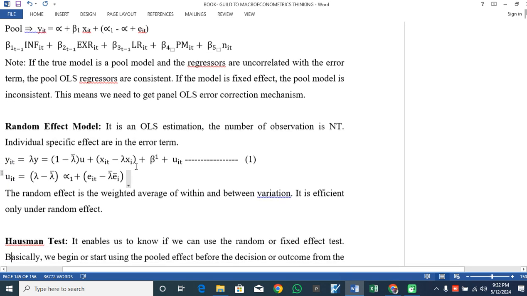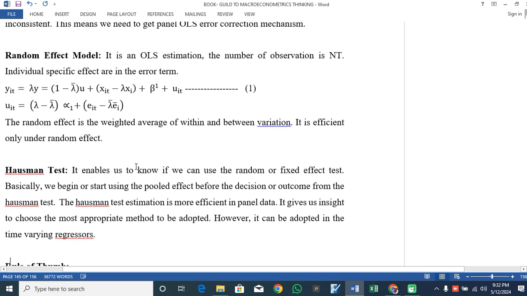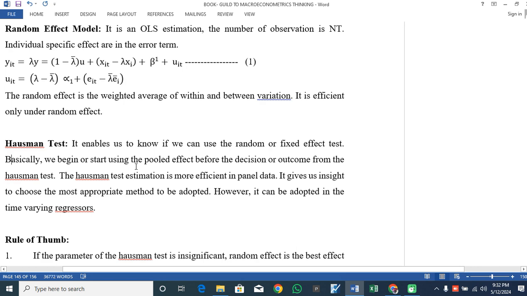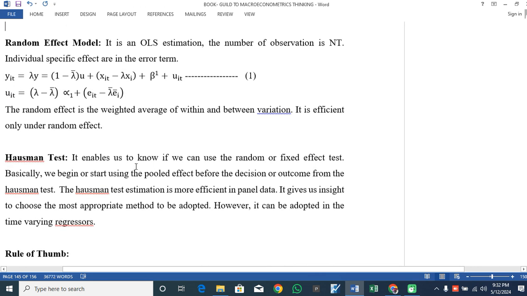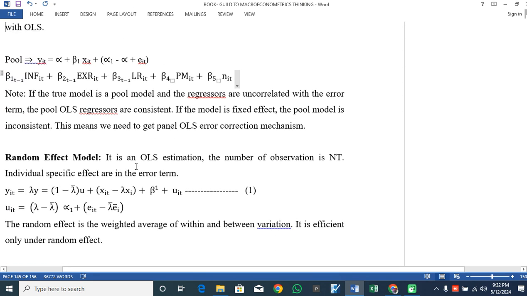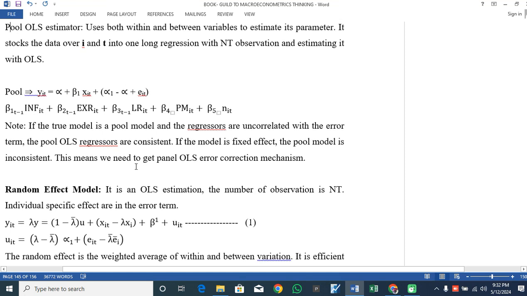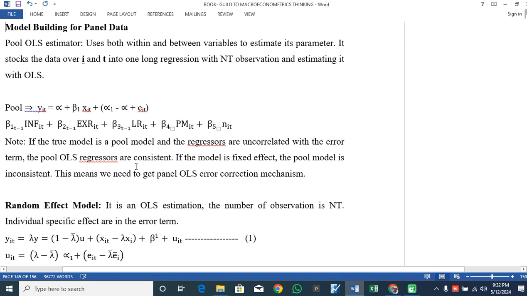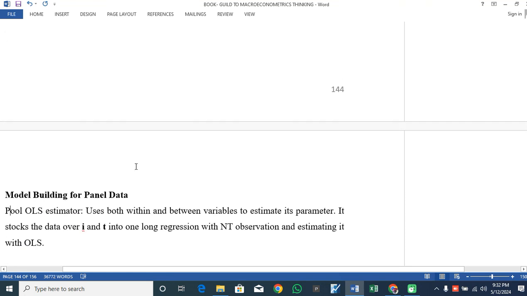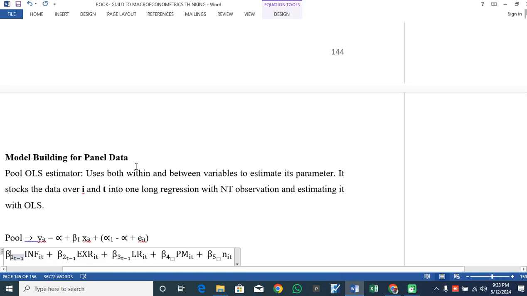because we are going to look at how models are built in panel data. Once we are able to look at that, in our next class we are going to consider an example using EViews. We are going to look at two statistical packages as we proceed further in this panel data estimation class.